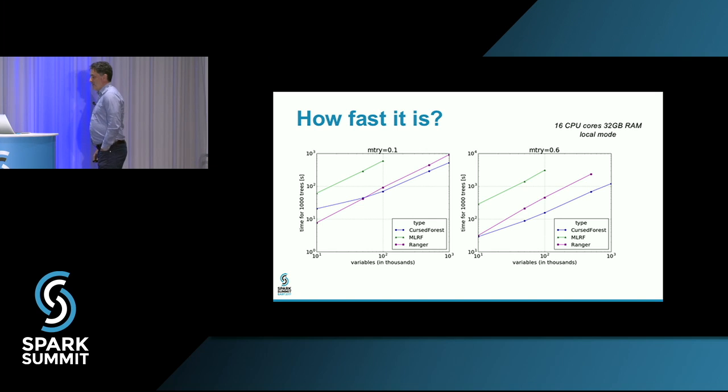As you may see, at least in this setting, with data sets of about 1,000 samples and from 100 to 1 million different variables, our implementation is comparable, or maybe a bit faster, or at least on the same scale as Ranger, and it's 10 times faster than the Spark native implementation of random forest.